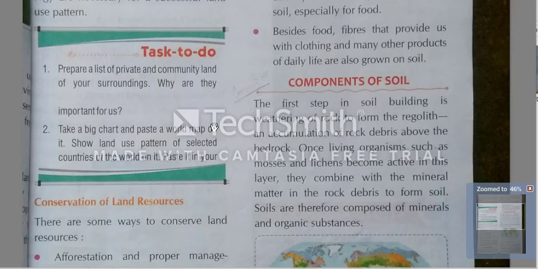Now there are two tasks to do, here on the screen. You can see the first is: prepare a list of private and community land of your surroundings. Why are they important for us?